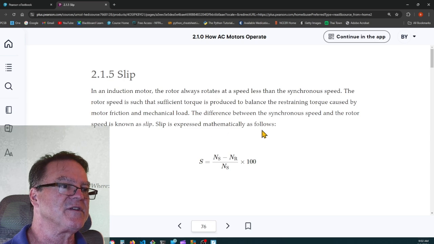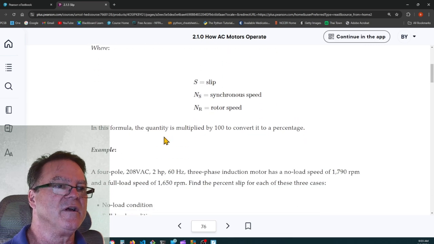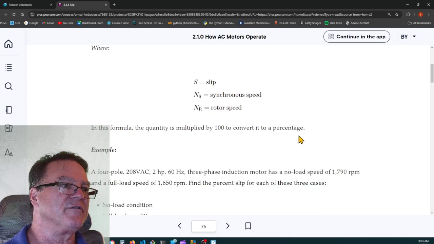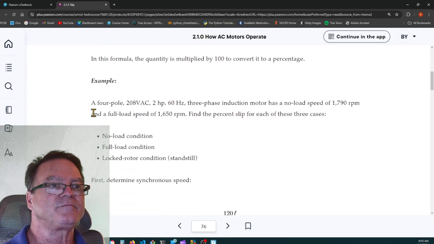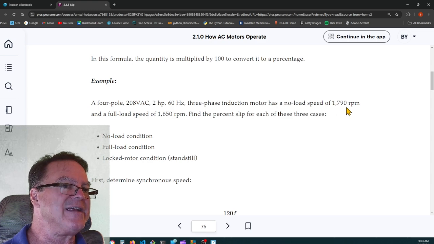Slip is expressed mathematically as follows. So it's some percentage. In this formula, the quantity is multiplied by 100 to convert it to a percentage. So a 4-pole, 208-volt AC, 2 horsepower, 60 hertz, 3-phase induction motor has a no-load speed of about 1790 RPM and a full load speed of about 1650 RPM.